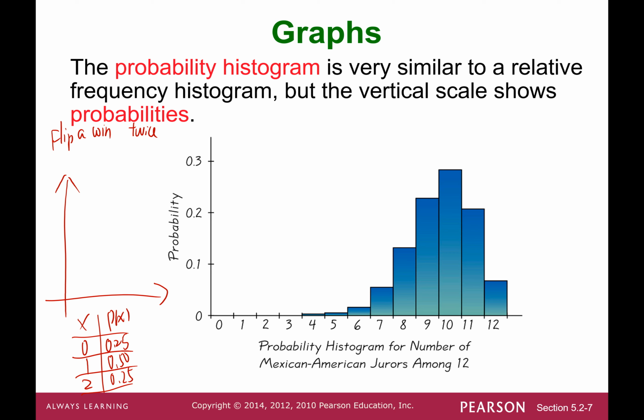So here we can create a probability histogram. Let's say this is 0.25, this is 0.5, and here is 0, 1, and 2.